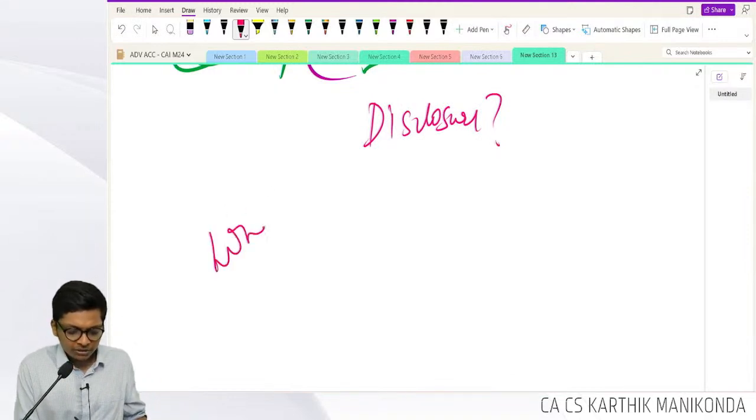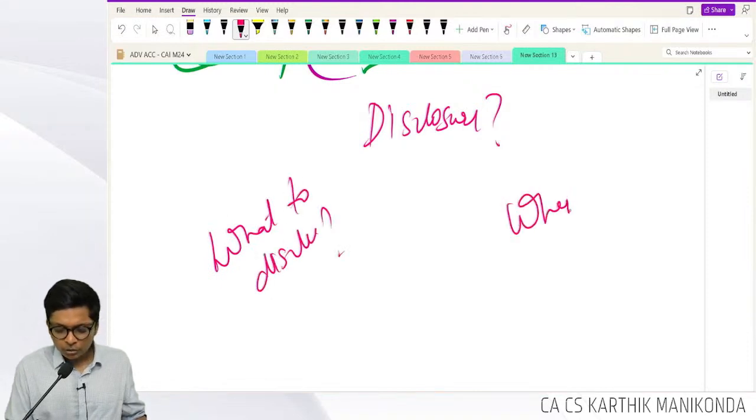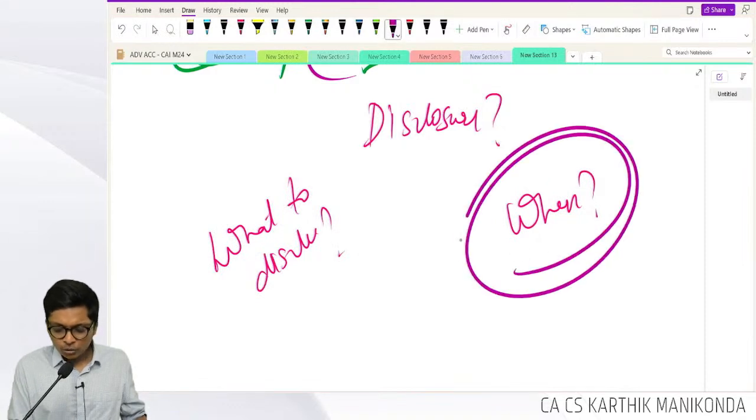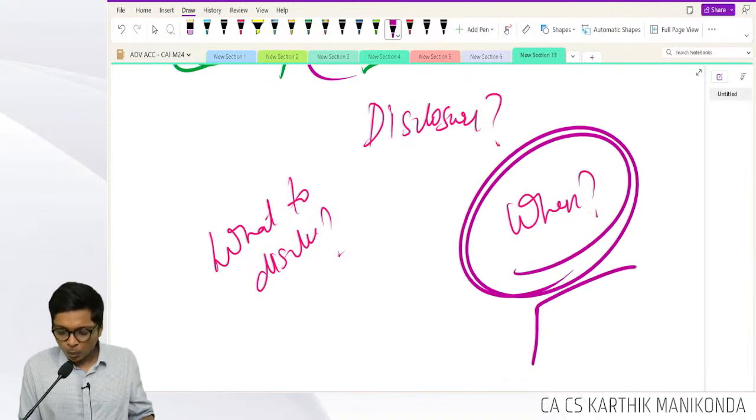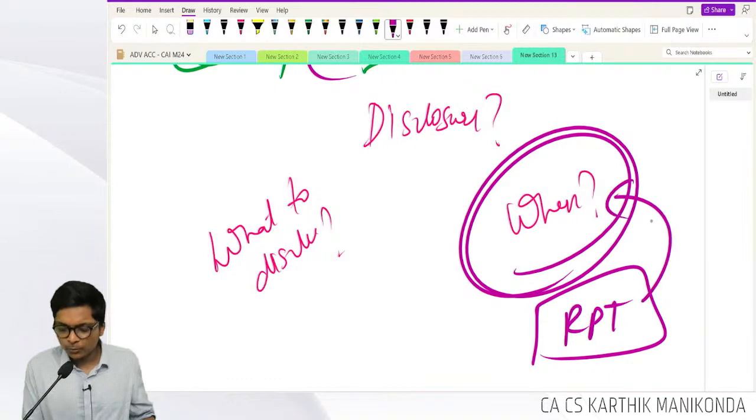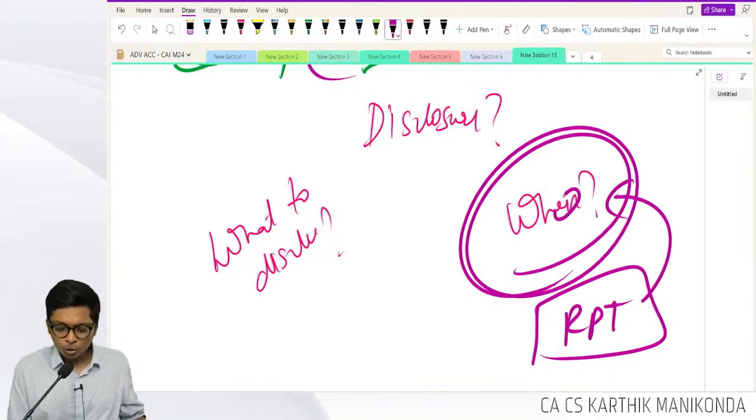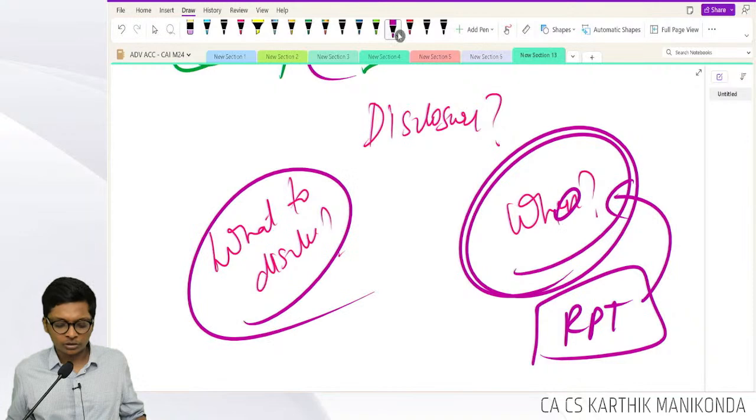What to disclose, when to disclose. That means, who are the related party transactions? For them only I will disclose. So who are the related party transactions and what to disclose?